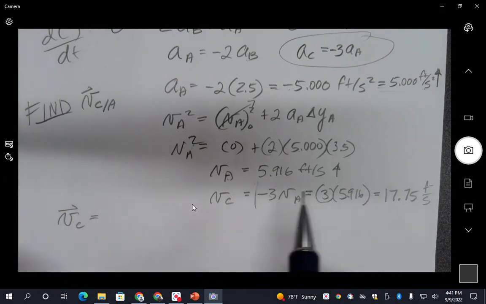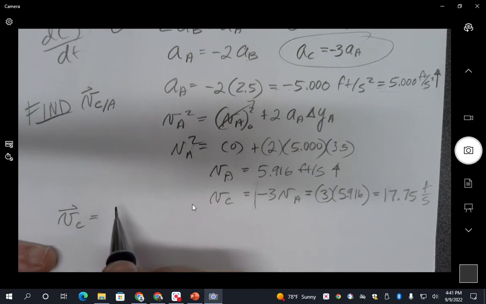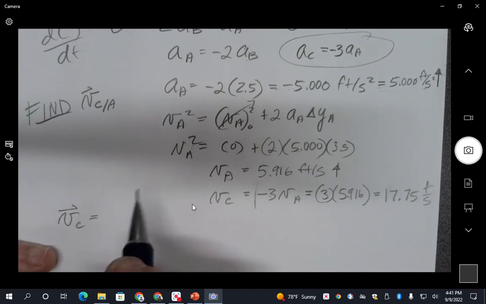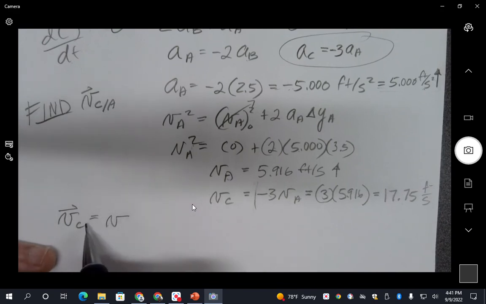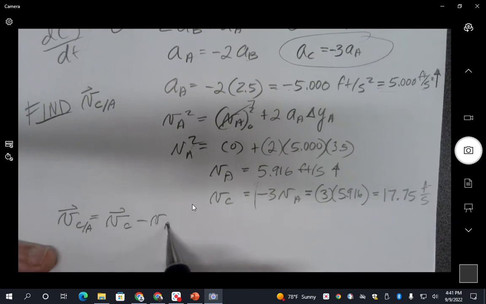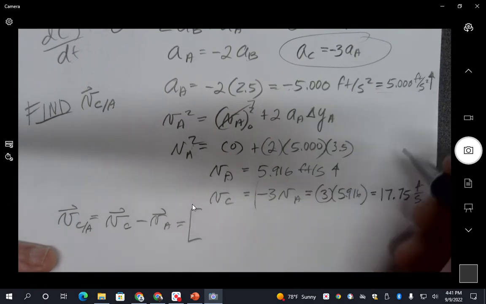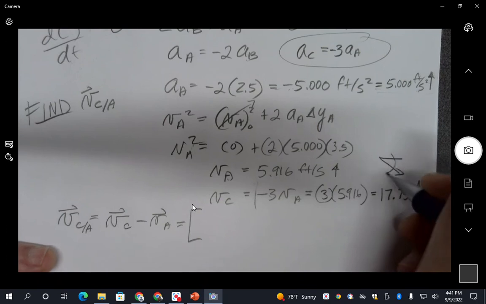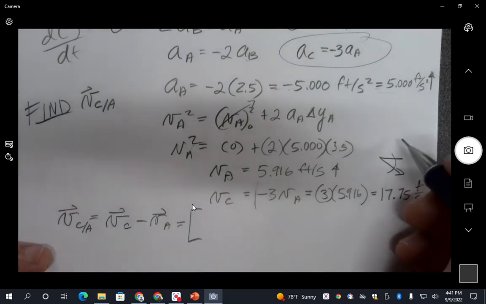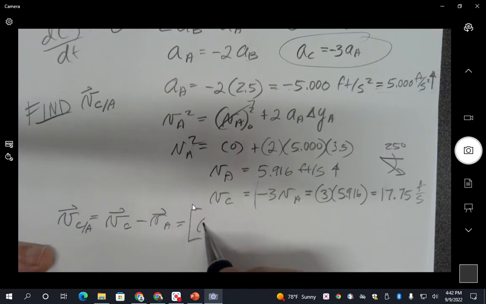All right, so anyway, for the rest of this, we're going through the motions. We're going to say VC with respect to A. So we have VC minus VA, and in order to do that, we have to remember that this VC is going downwards at an angle of 25 degrees, and it's going to the right.